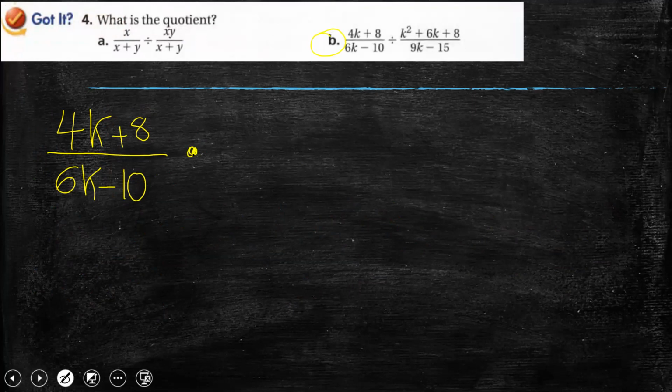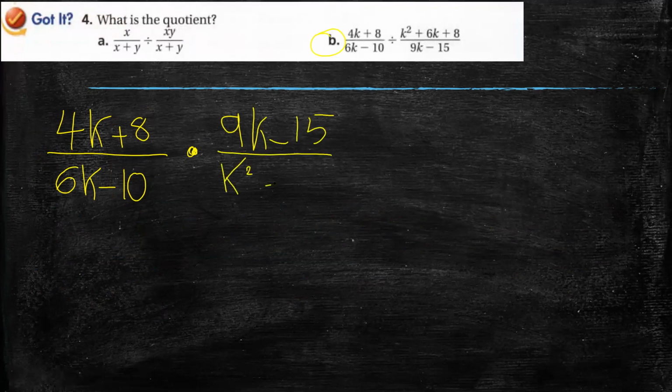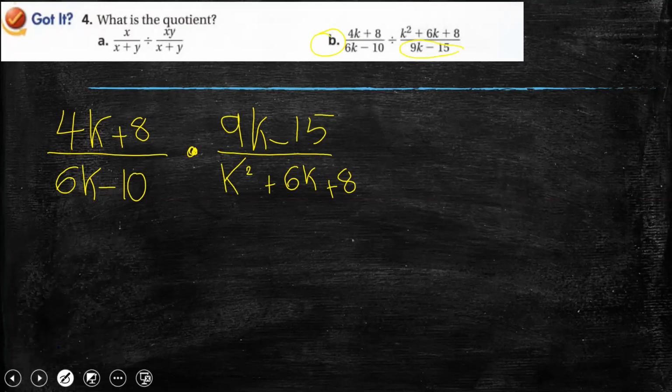Then write the reciprocal of the second fraction, which is 9k minus 15 over k squared plus 6k plus 8. Did you mean, what is the meaning of reciprocal? Yes, Miss. I wrote it down. This is the meaning of reciprocal.